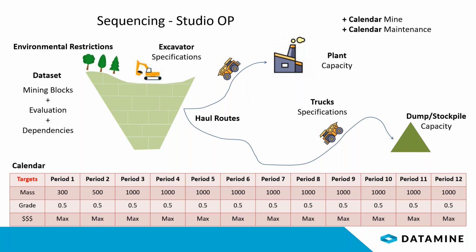You may want to blend material to never deliver only the low grade ore to the mill, but instead mix this low grade material with high grade material. And you probably would like to increase the value of the operation, so try to reduce costs and increase profits, right?